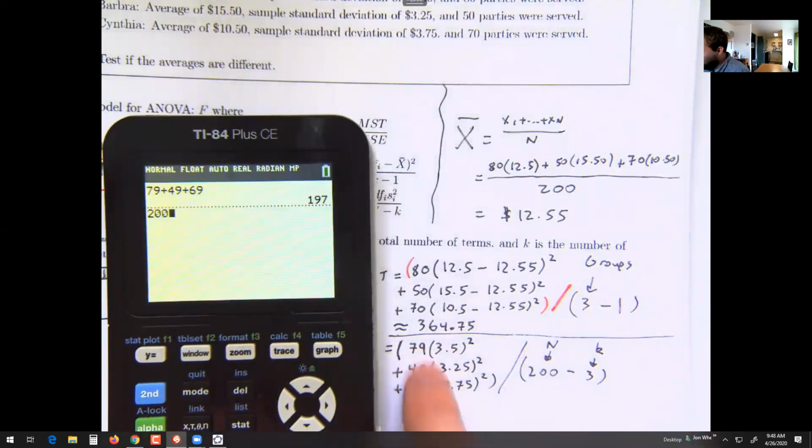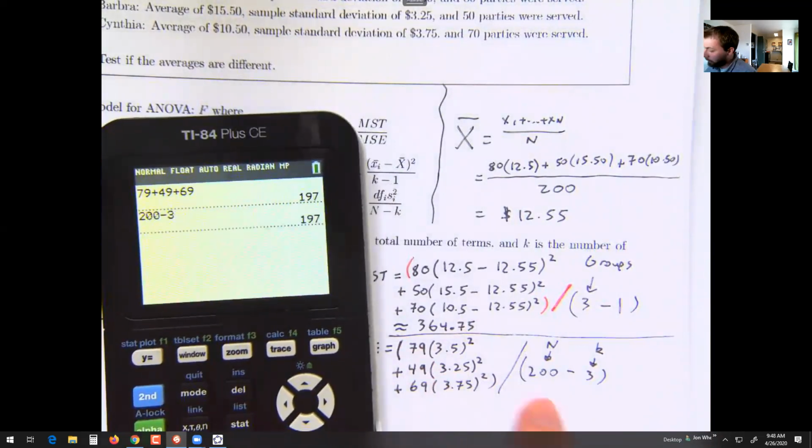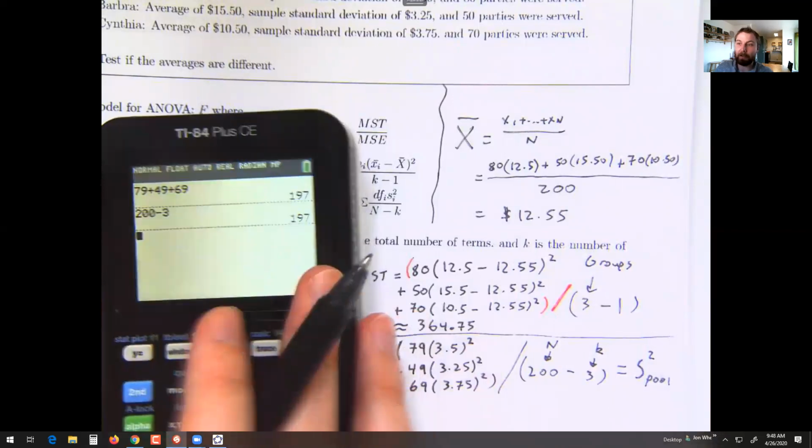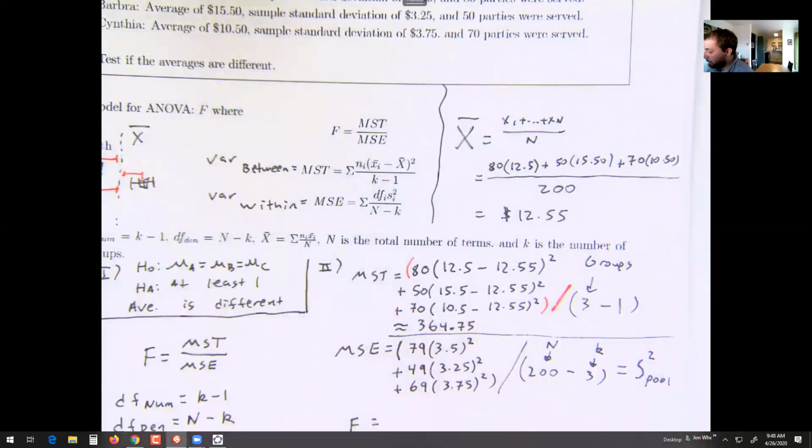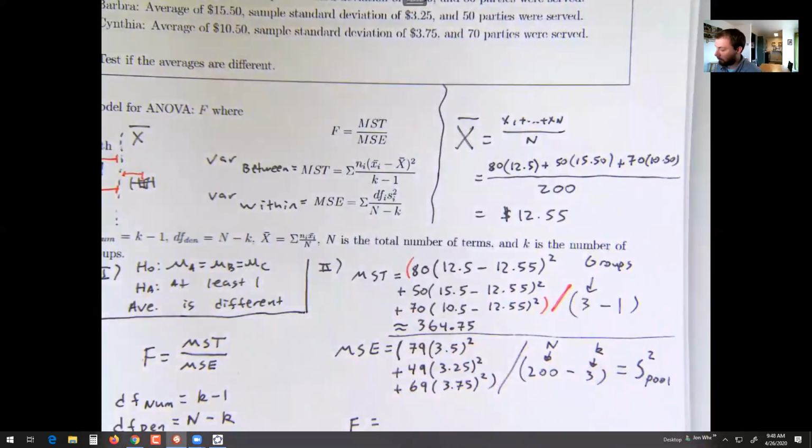So if I added up all these degrees of freedom, I get 197. If I do 200 minus 3, I also get 197. So what I'm actually doing here is I'm taking all of these standard deviations, I'm squaring them to get a variance, and I'm kind of averaging them out. So I'm finding the pooled variance when I do this variation within. I'm averaging out each of these variances.